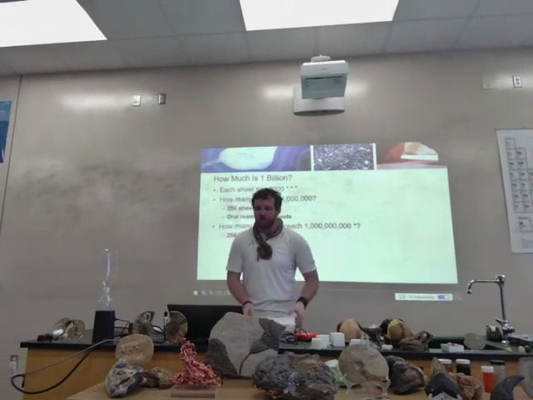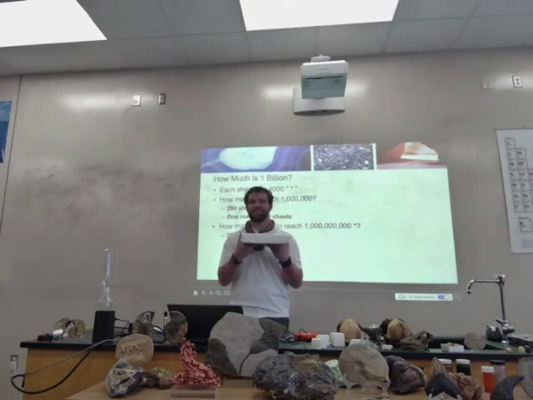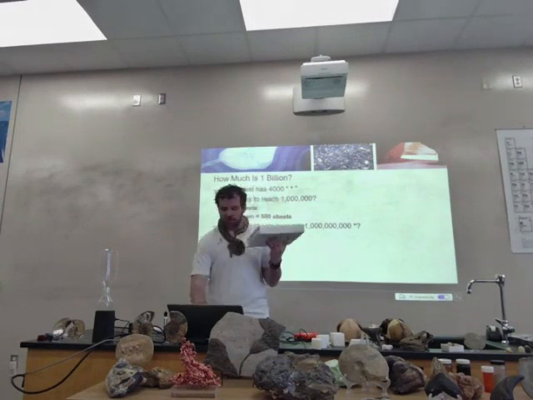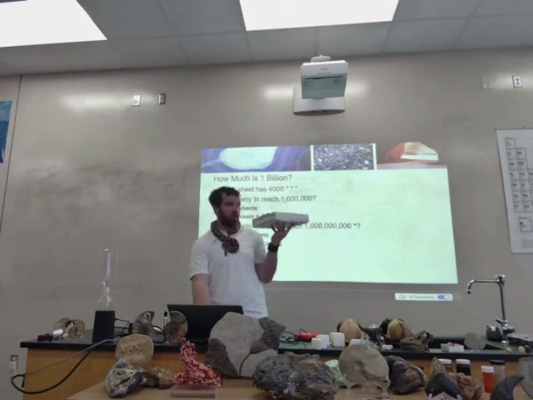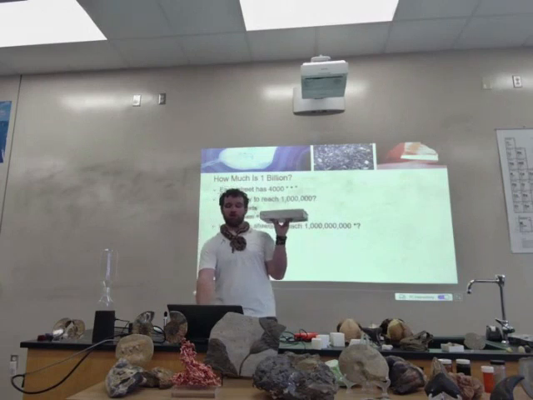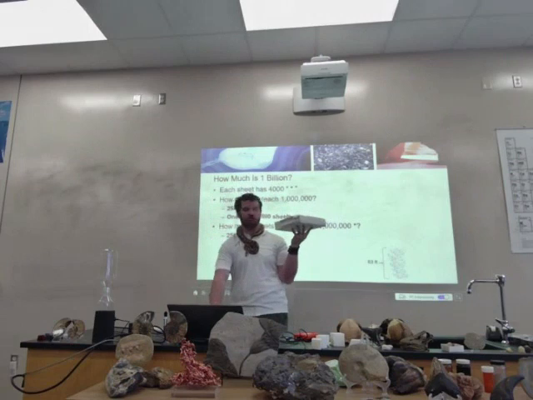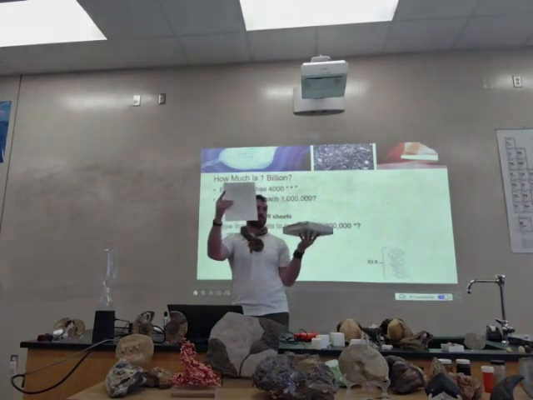How many reams of paper is that? 500 sheets in each ream. 500 reams, right? Each ream of paper is about 2 inches tall, which means that to reach 1,000,000,000 dots, you would need an 83-foot tower of paper, each sheet of which has that many dots on it.